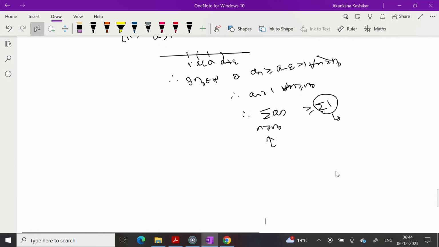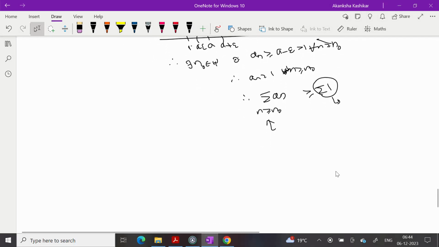Now for the third case, why does the test stay inconclusive at a equal to 1? Again we can use the same examples, 1 by n and 1 by n square. Both will give you the limit to be 1. However, one of them converges and the other one diverges. Hence the test fails at 1.